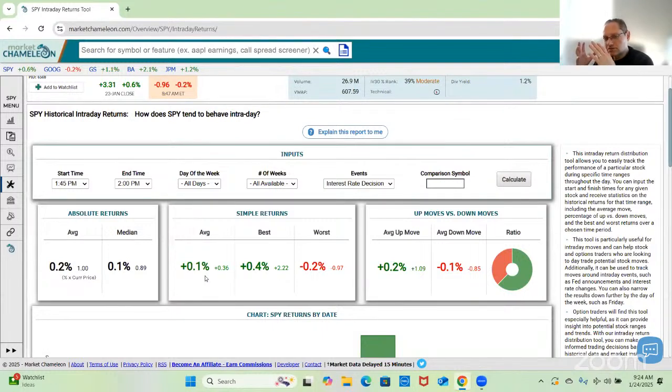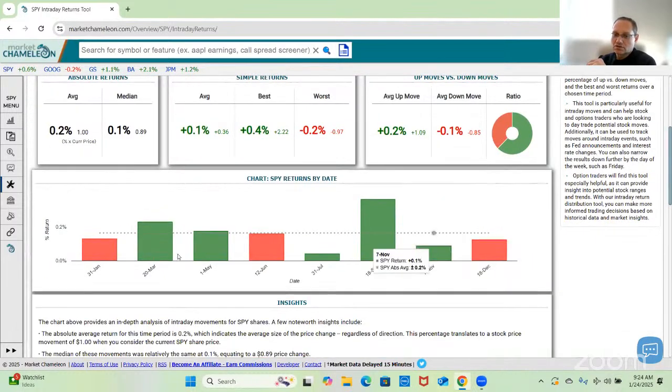So this data kind of suggests that on average, that 15 minutes leading into the decision was slightly more positive. And that's in contrast with where we looked at the last half hour that looked more negative.